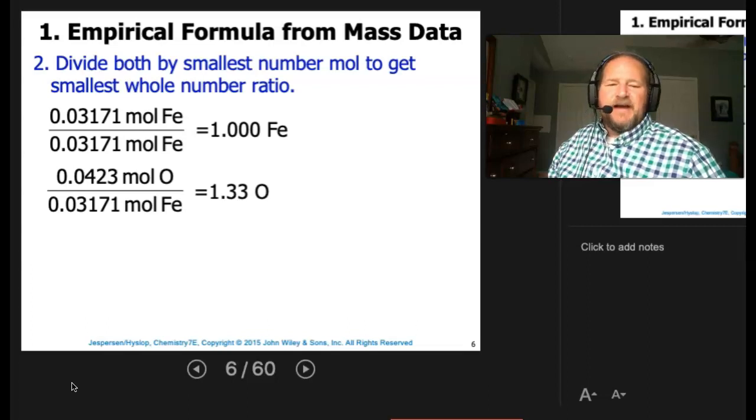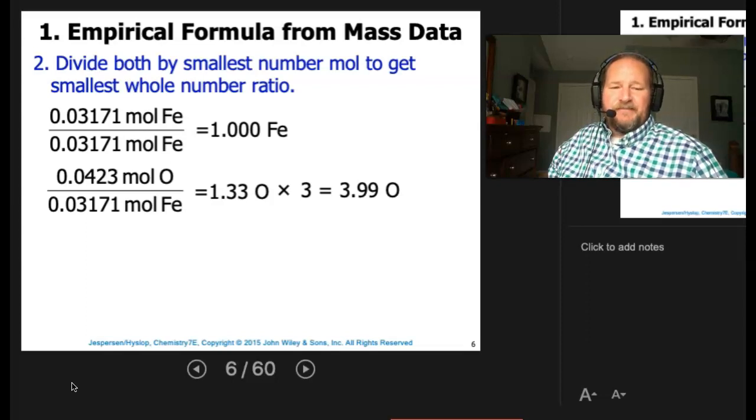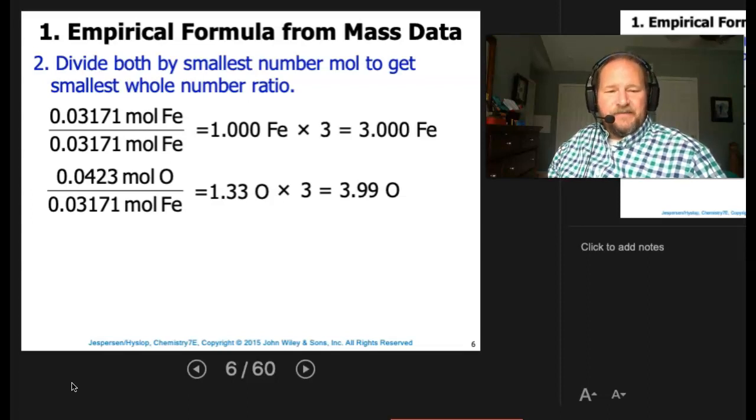Now notice here we have the 0.33. Well, that's going to be the same equivalence as a fraction. So we're going to multiply it by 3. And that's going to give us 3.99. Well, if we multiply the oxygen by 3, then guess what else we have to do? Right. We need to multiply the iron by 3.